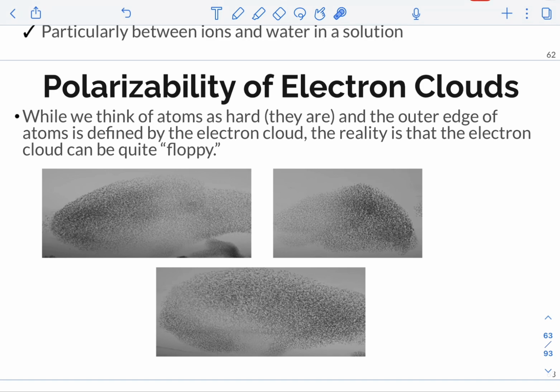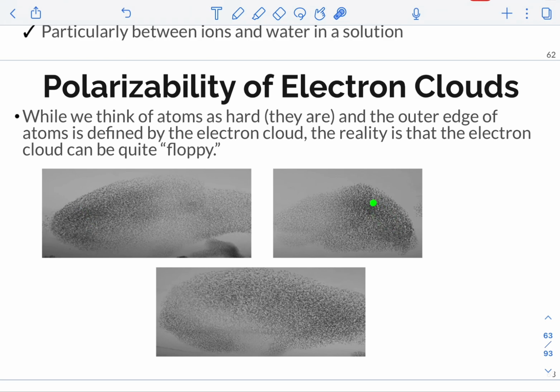LDF comes from what we say polarizability of atoms or electron clouds. So when we think of atoms, we tend to think of them as balls, but there are these amorphous clouds, meaning the clouds can go all around. So at one point, if you see this as electrons, this is where the most electrons are at this one split second.